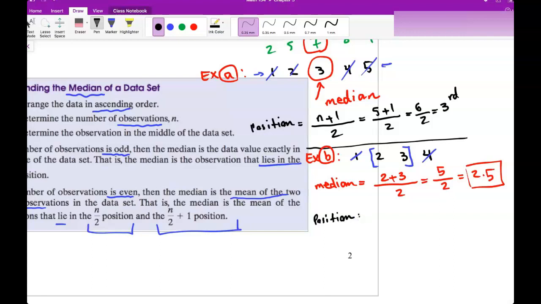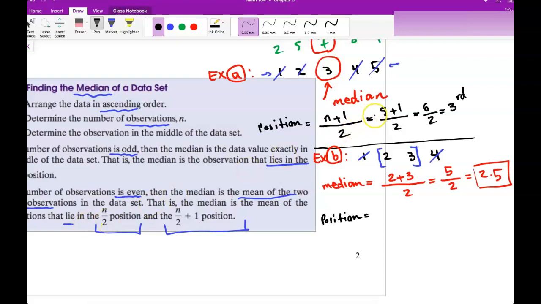What its position is: obviously you can see this is first place, second place, third place. So our median is between second and third place.